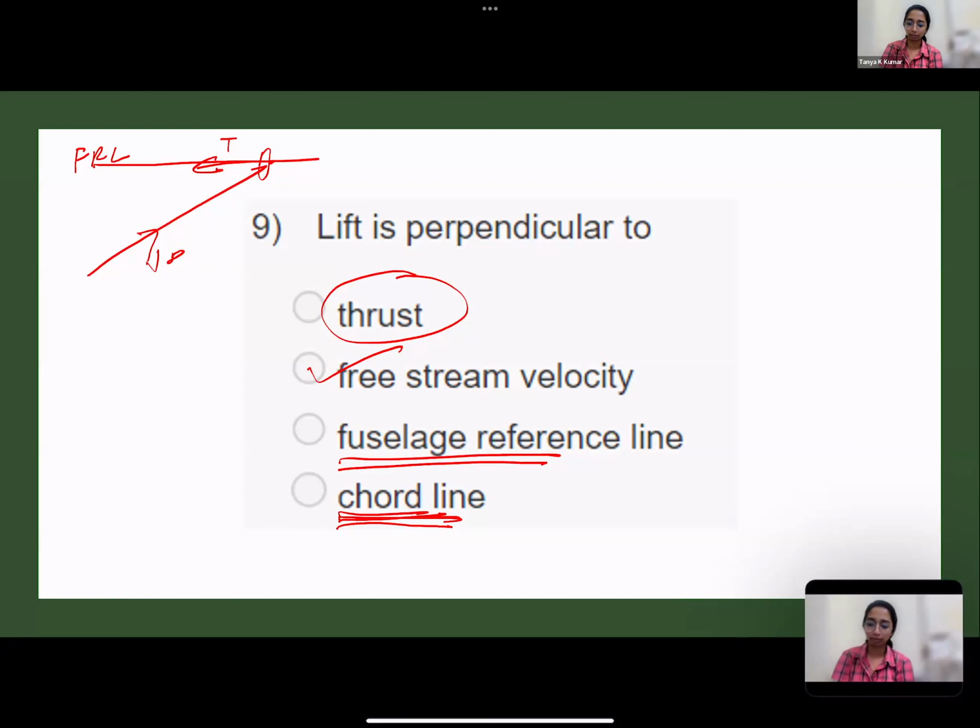Alpha. How is alpha defined? What is alpha? How do you define alpha?